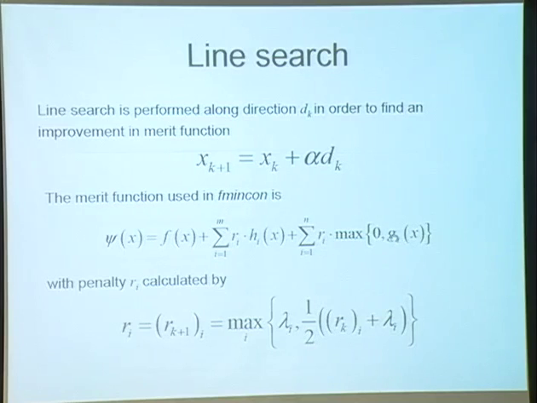If one or more of them are violated, it will be summed and penalized. So you see there's a penalty for both the inequality and equality constraints, and this penalty in MATLAB is calculated using this function, and this is just one of the Lagrangian parameters. You can look it up. I'm not going to go into detail on that.